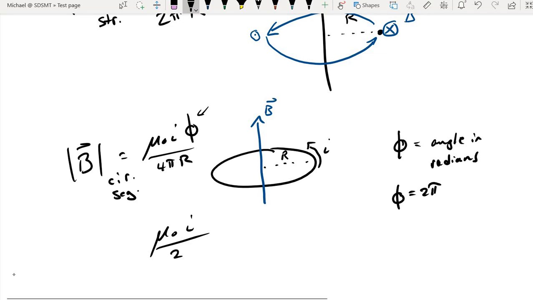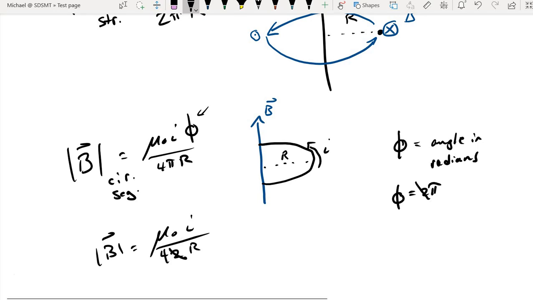And as a result, the magnitude of magnetic field within the full circular arc would be mu naught I over 2r. But if we start segmenting the circular segment, so maybe we only go for half a circle, then we only have half of the angle, and as such we're only going to get half of the overall magnitude.